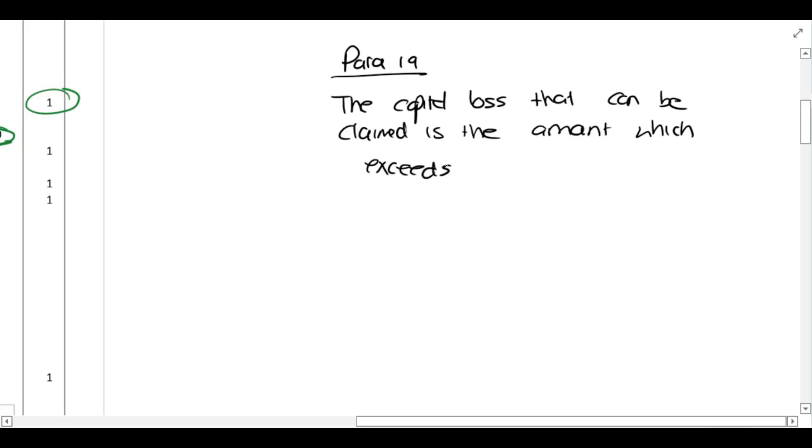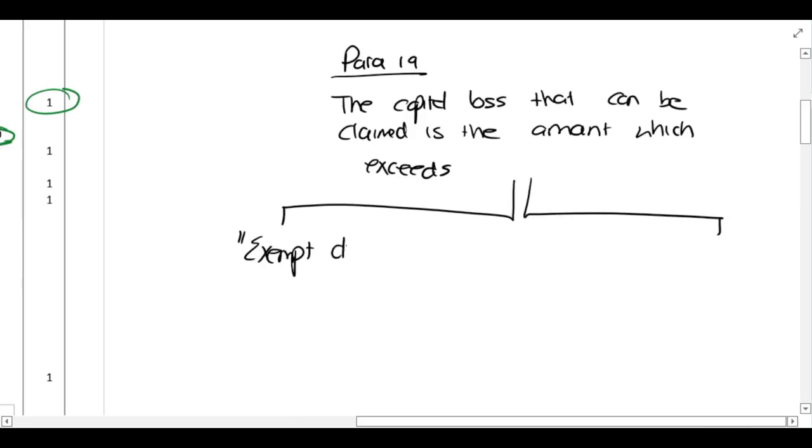So I'm saying the capital loss that can be claimed is the amount which exceeds exempt dividends or the extraordinary exempt dividends.